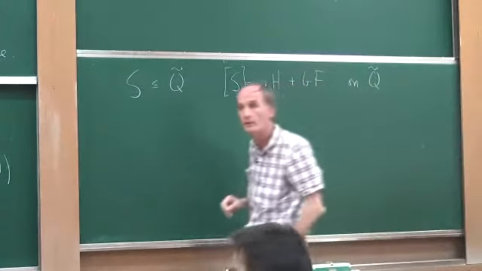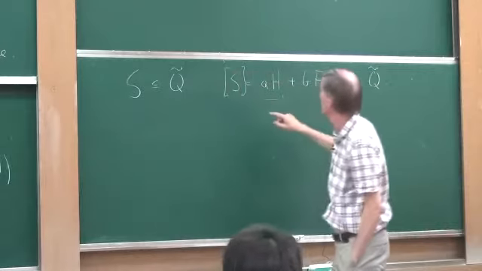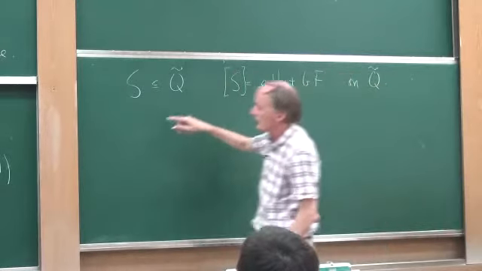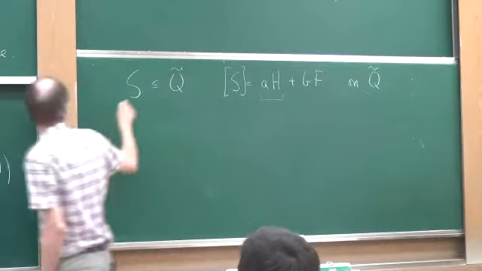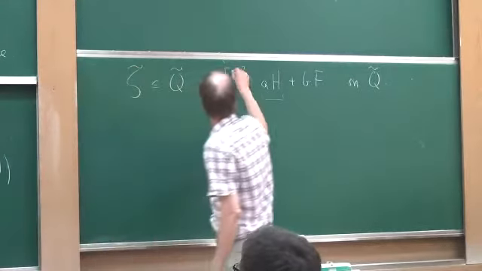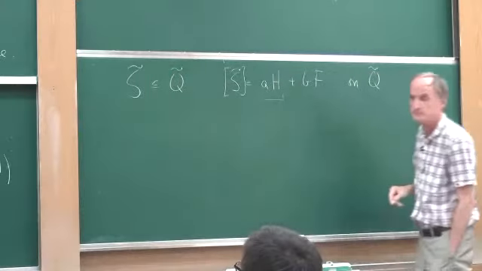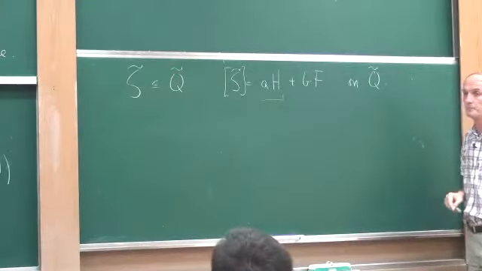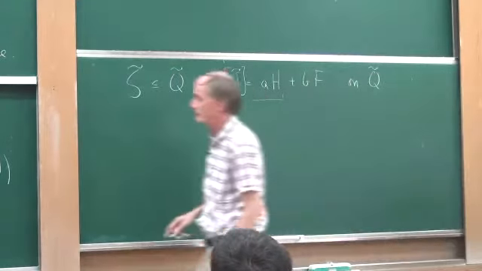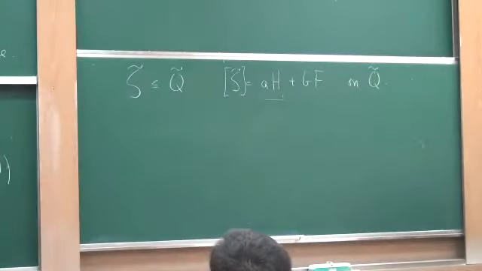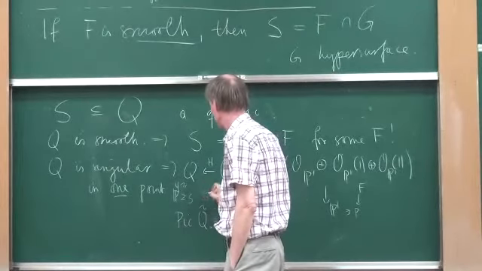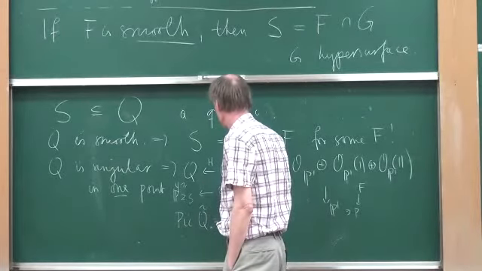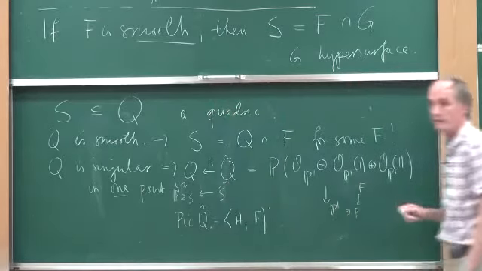You mean S is a strict transform or what? Yeah, I think you're right. I should put an S tilde here. S tilde, right. Thank you. Because I have my S inside here, and now I look at S tilde inside there.